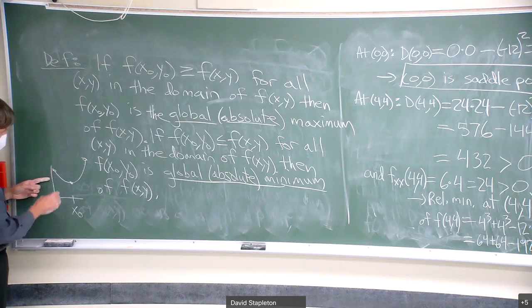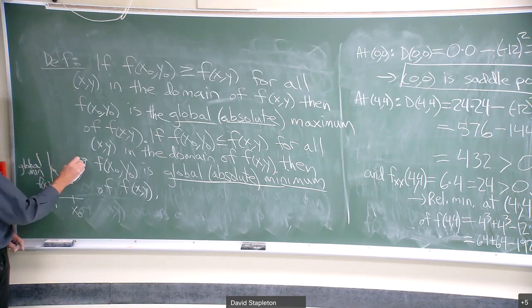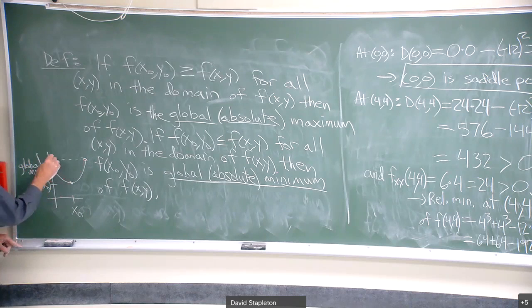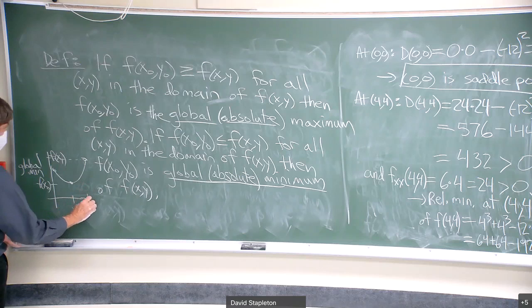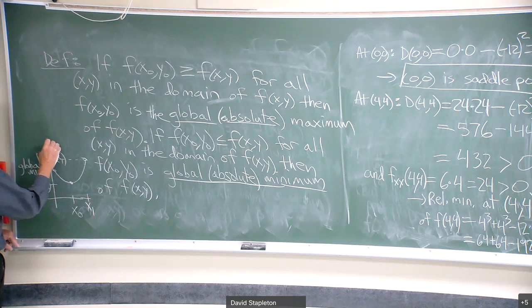The smallest value it takes on here is f of x0. That's the global minimum of the function of one variable. Similarly here, this is a global maximum. f of x1 is the global max. And what do you notice about where these occur?